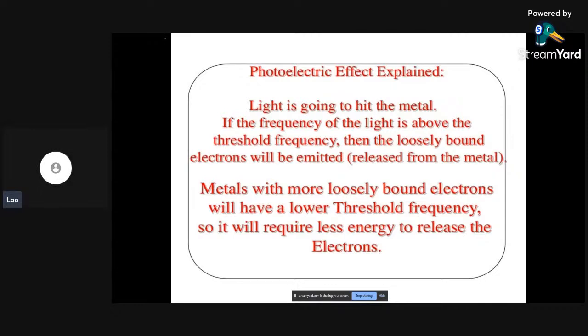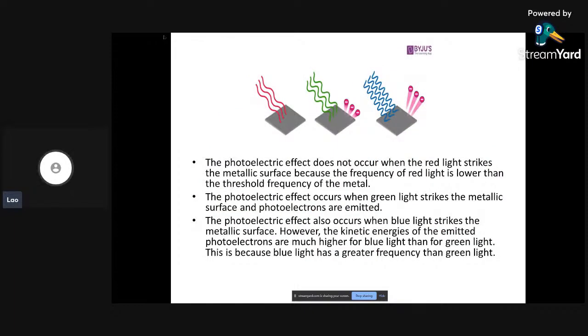So doon natin i-consider yung frequency niya or yung wavelength niya is lower. Okay? Pero pag ginamit mo ng blue na transparent, makikita mo talaga doon is nag-e-emit siya ng electrons. Talagang makikita mo siya dun sa experiment na yon.